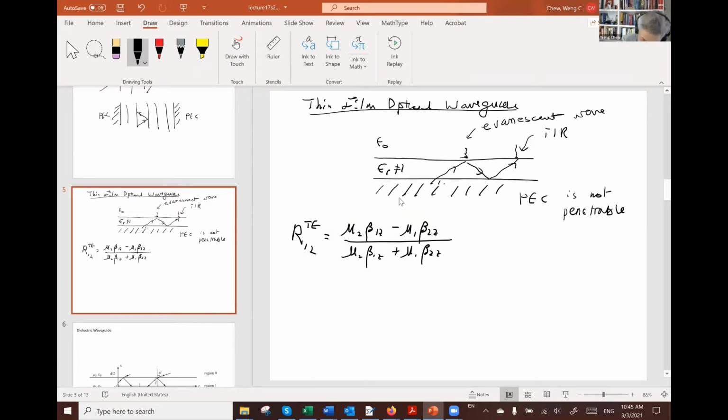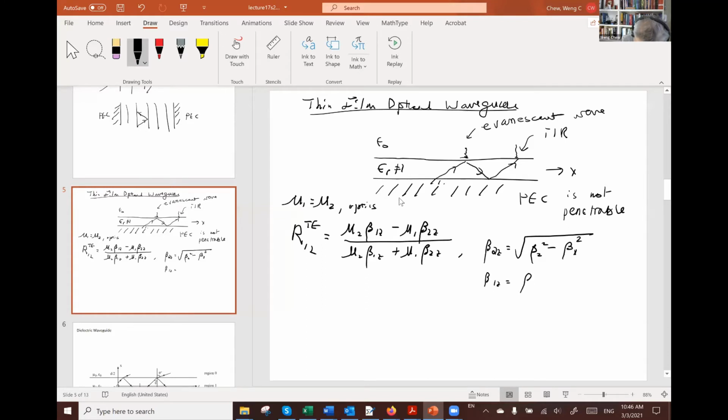And if you let mu1 be equal to mu2, which is the case for most optical materials, in optics this is usually true, and if you remember that beta 2z is the square root of beta 2 squared minus beta x squared, let's call this the x direction, then beta 1z is the square root of beta 1 squared minus beta x squared, and beta x are the same due to phase matching. I'm just looking at the reflection coefficient at the 1-2 interface.